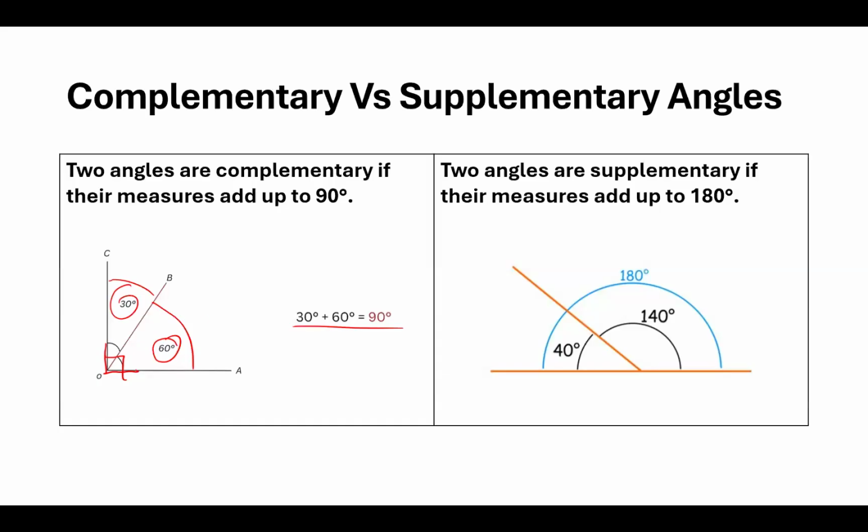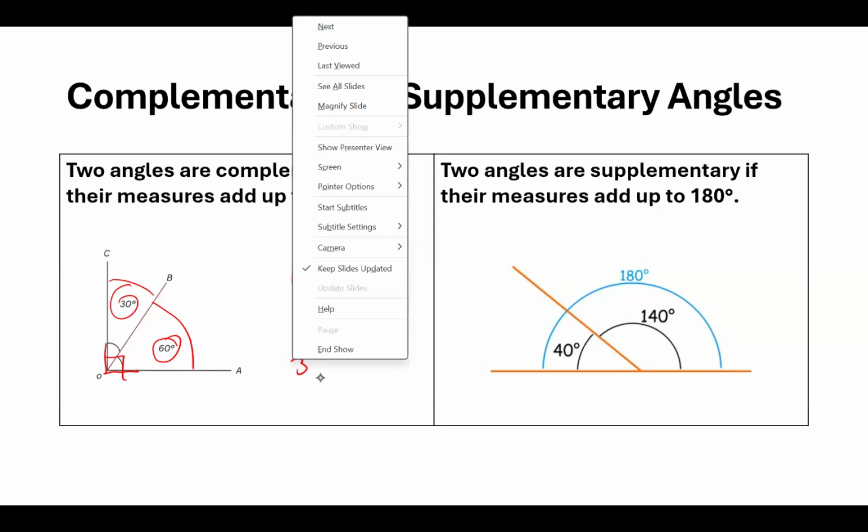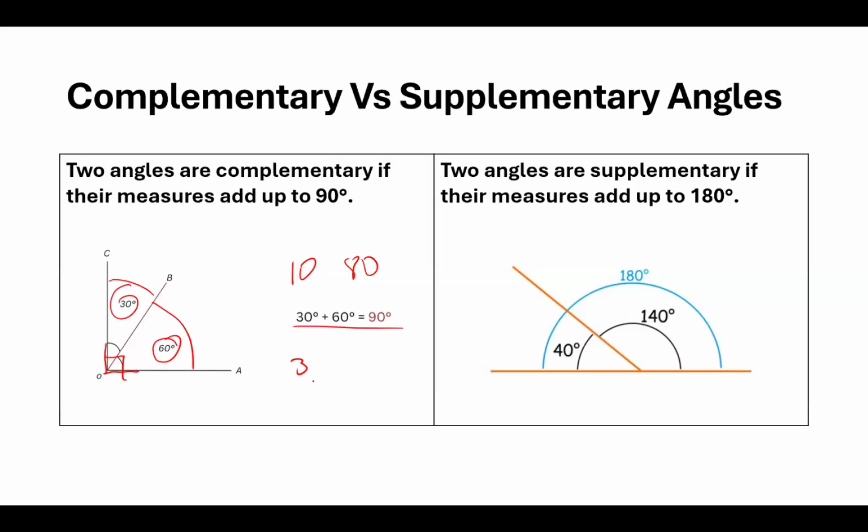And there's lots of examples, say 10 and 80, those are complementary. 35 and 55, those two would be complementary. And there's infinitely many. The 30 and 60 is one of the most common ones, but anytime two angles add up to 90, then those are complementary angles.